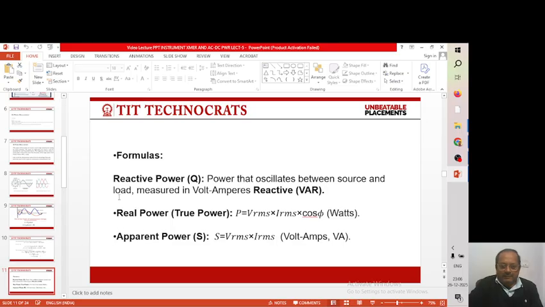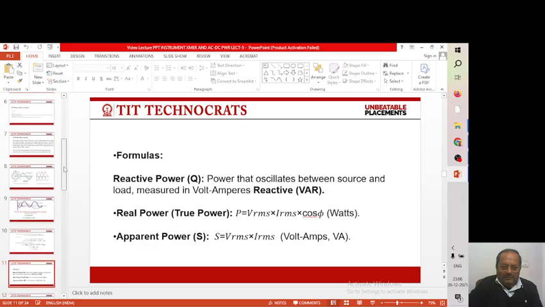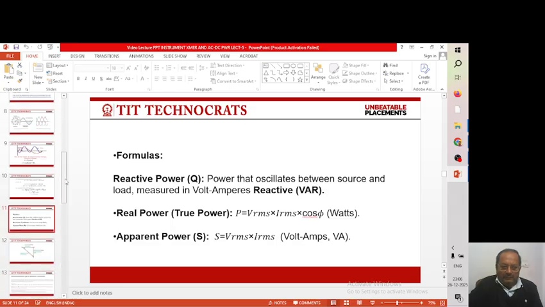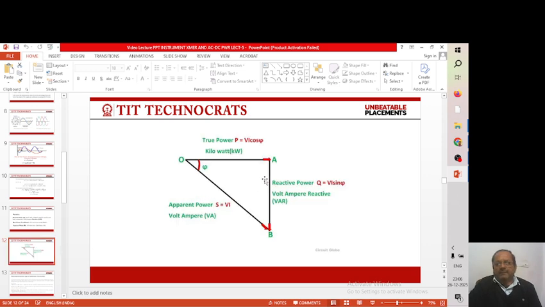We can understand these powers by this triangle. Actually, these three powers exist in any AC circuit.